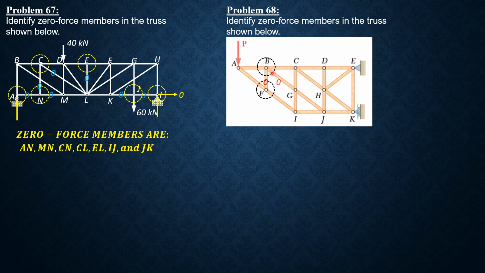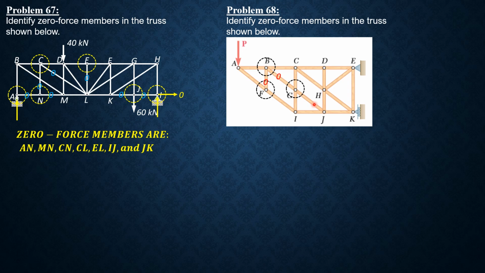Automatically BC is 0. If we proceed to joint G, then there are actually four members, but because we already found BC is 0, this reduces to three members only, and CG and GI are collinear.